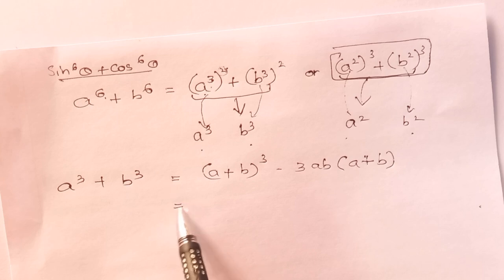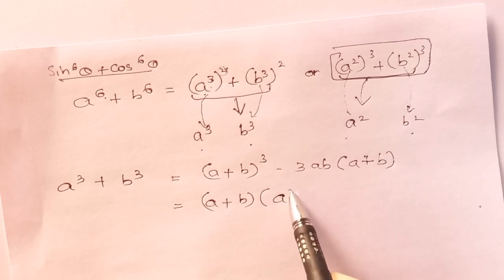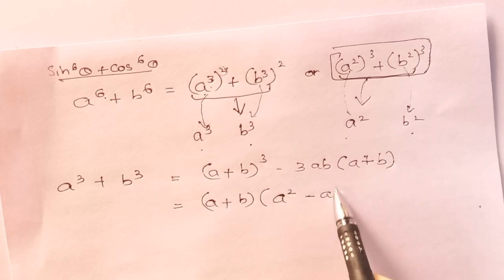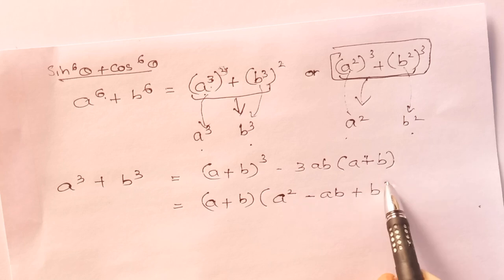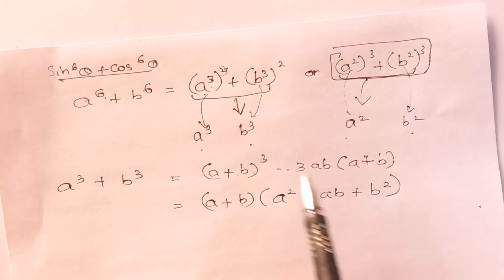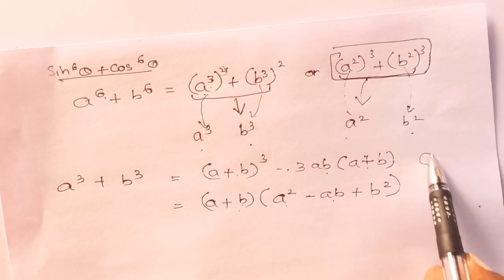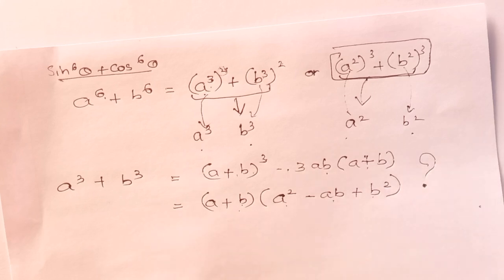Another formula is a plus b into a square minus ab plus b square. So here we have two formulae, and the question is which is the correct option that can be used for this question.